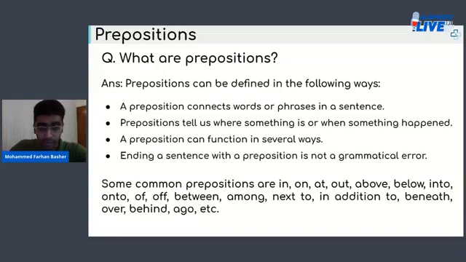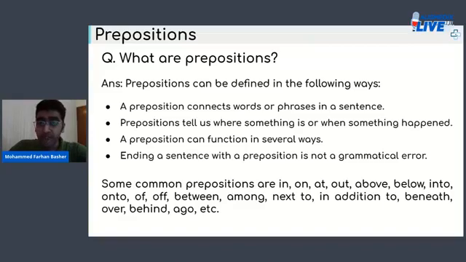If we want a very basic definition of what prepositions are, most basically what they do is connect words or phrases in a sentence. Plus, they tell us where a noun or an object is, or when something happened, okay?